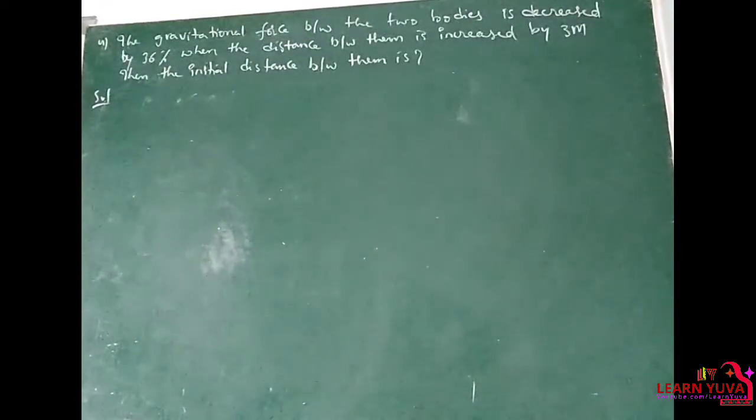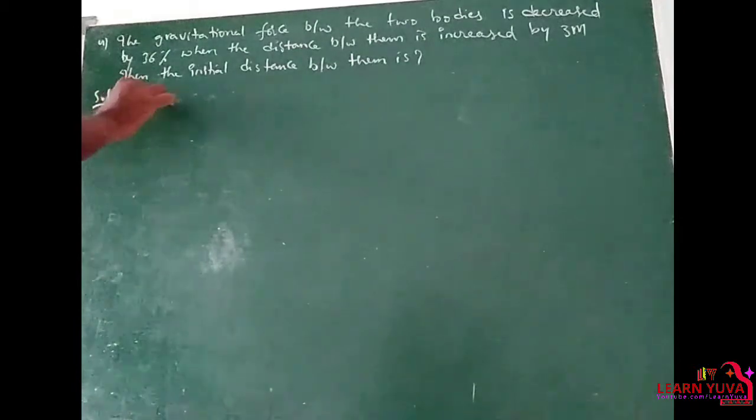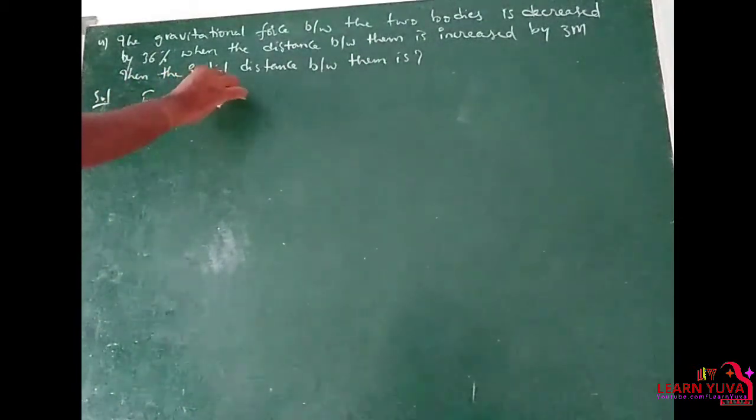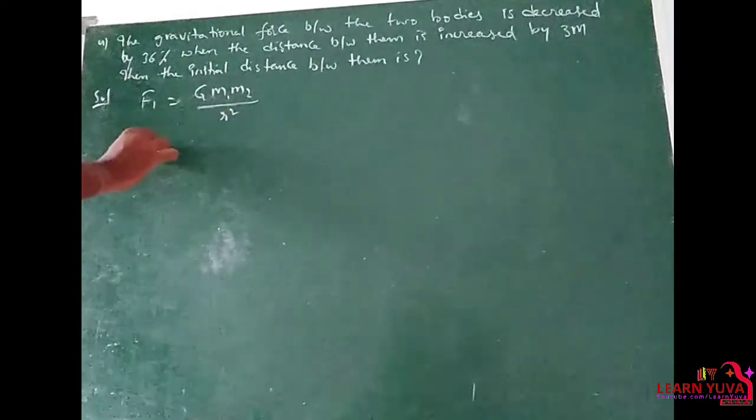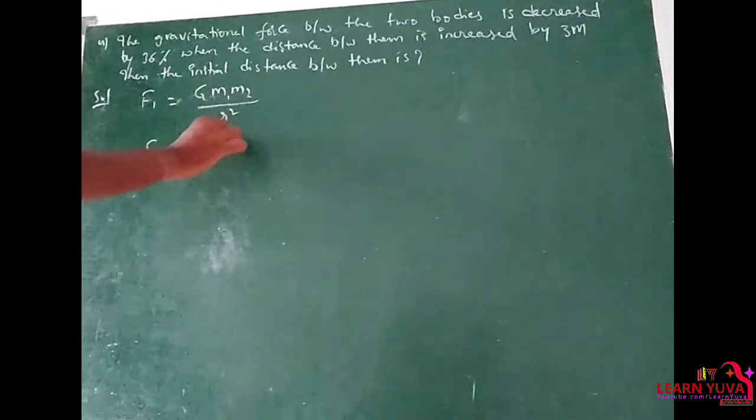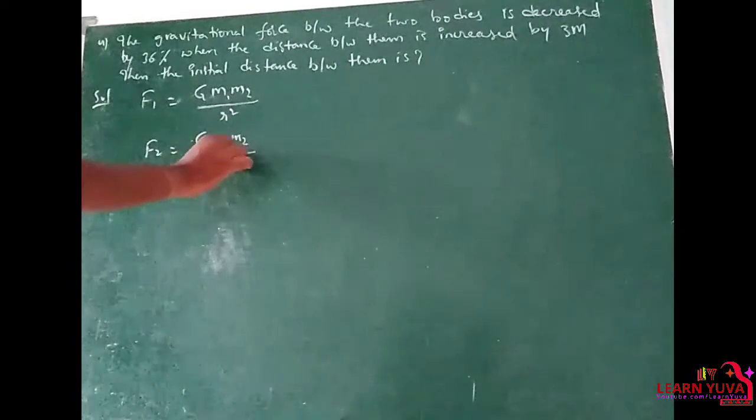The gravitational force between two bodies is decreased by 36% when the distance between them is increased by 3 meters. Then we have to find out the initial distance between them. So let's say F1 is equal to m1 m2 by r square and F2 is equal to m1 m2 by r square.